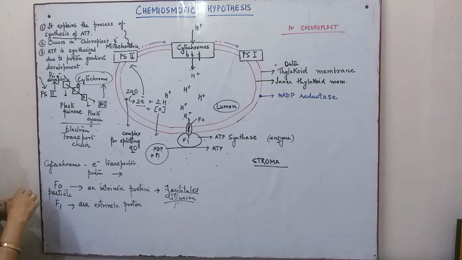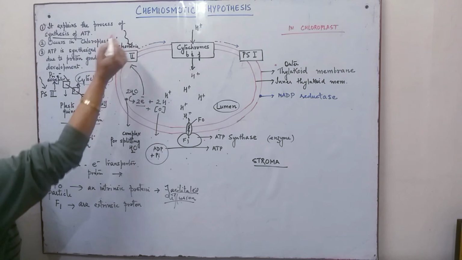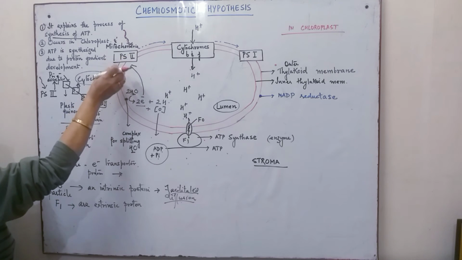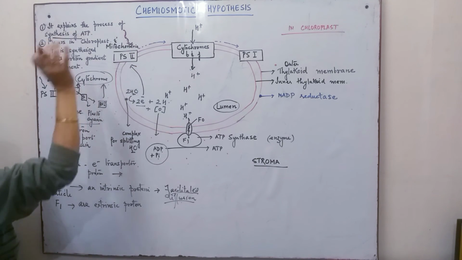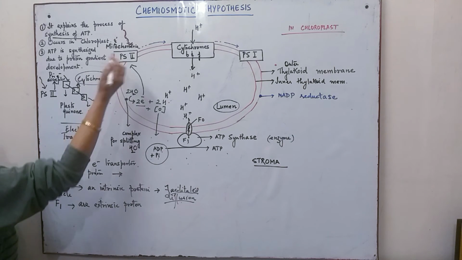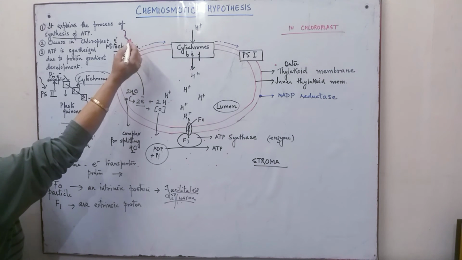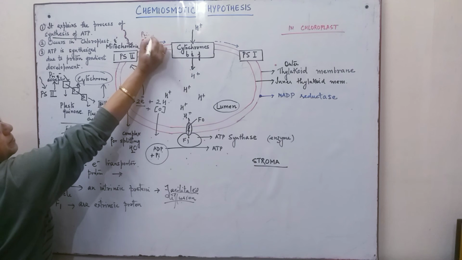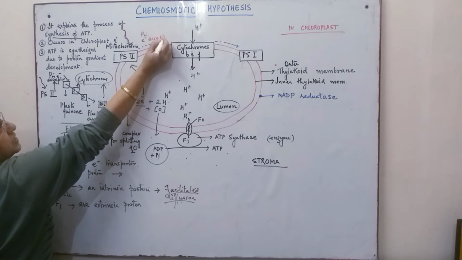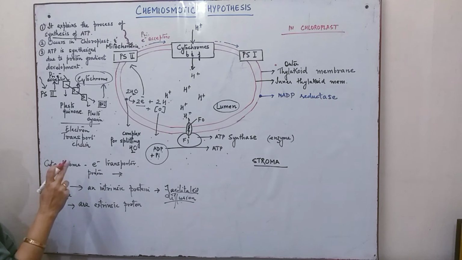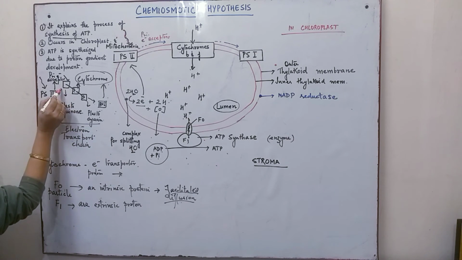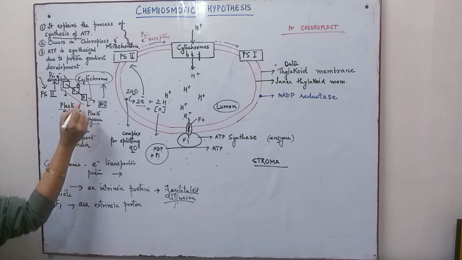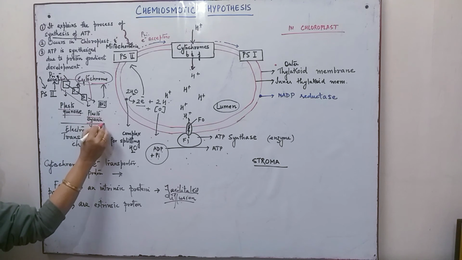Over here, in the PS2 system, on receiving the light energy, the accessory pigments absorb the energy and pass it on to the reaction center, that is chlorophyll A, and from this the electrons are emitted, which are taken up by the electron acceptor, which we call the primary electron acceptor. Now, this primary electron acceptor then passes the electrons to a series of electron acceptors, the first being plastoquinone, followed by cytochrome and plastocyanin.